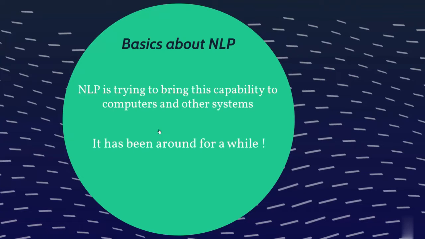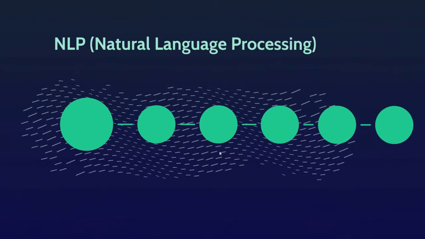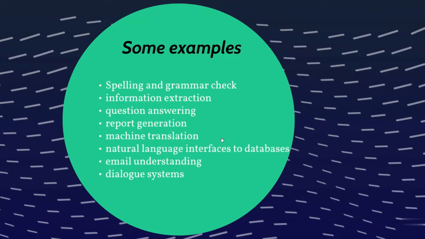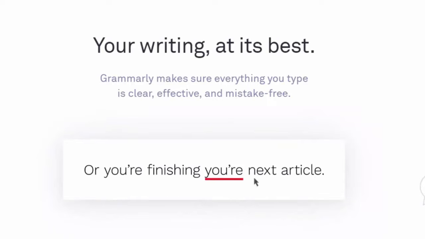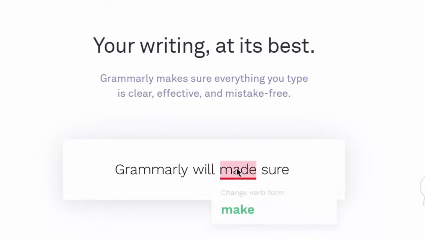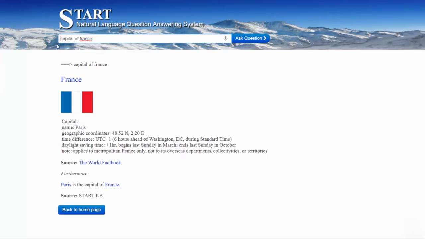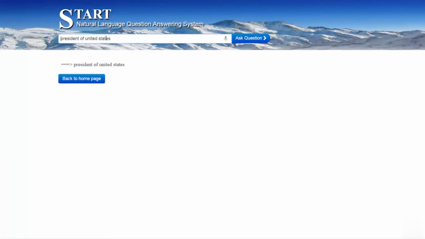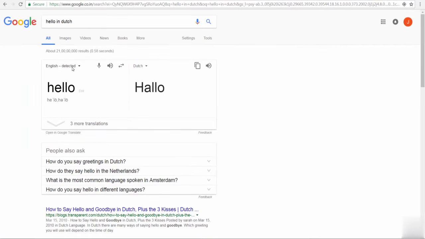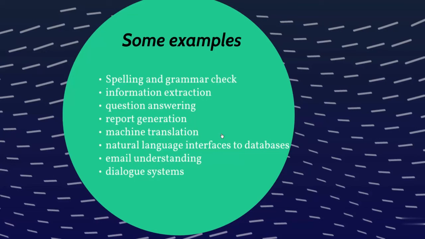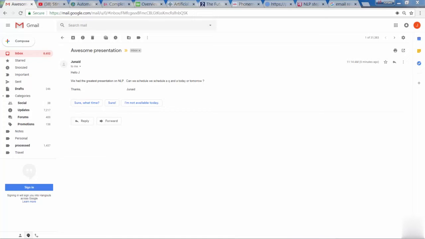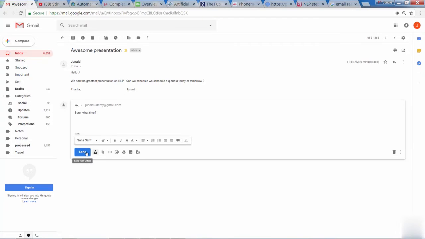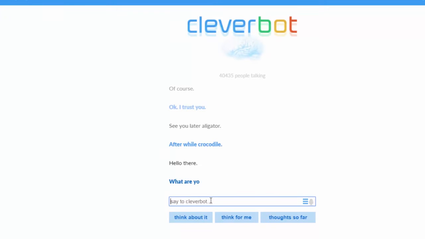Now, not so surprisingly, it has been around for more than half a decade. The applications of NLP are all around us: spelling and grammar check, question answering, machine translation, NLP interfaces to the database, email understanding, dialogue systems.